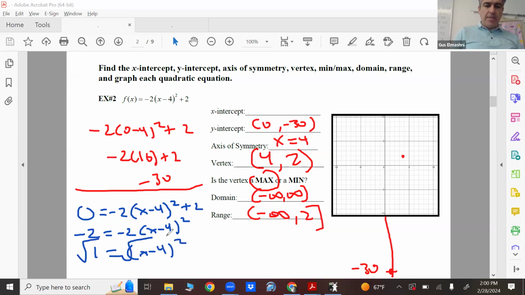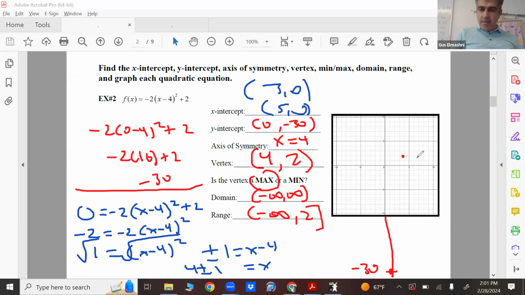Square root both sides. Where are my x-intercepts, guys? 3 and 5. Perfect. Thank you, Jack. 3 and 5.